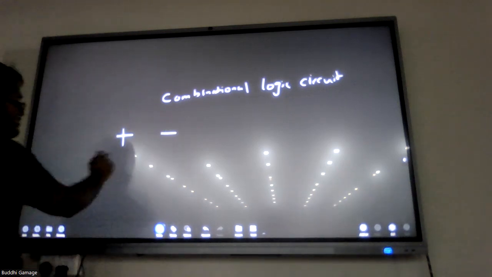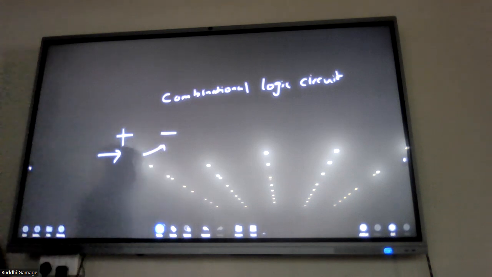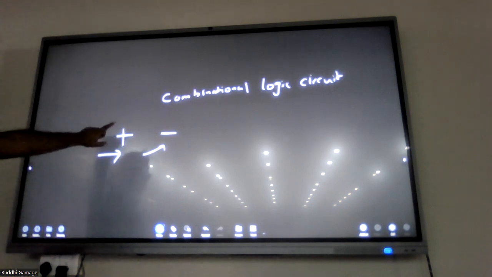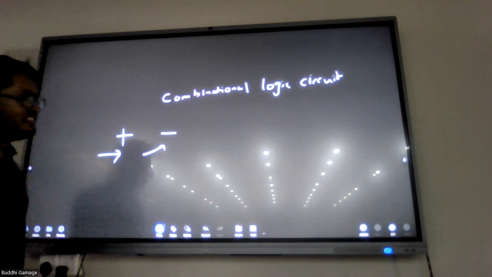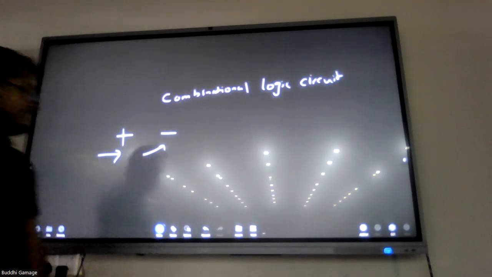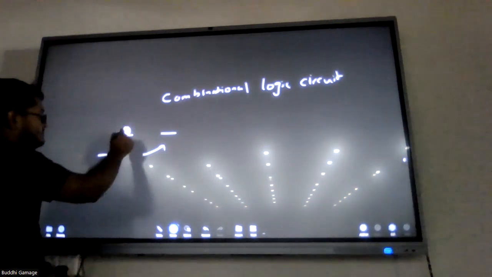You did these operations, right? So today we are going to learn about how to do this addition by using logic circuits. It is a very interesting topic.